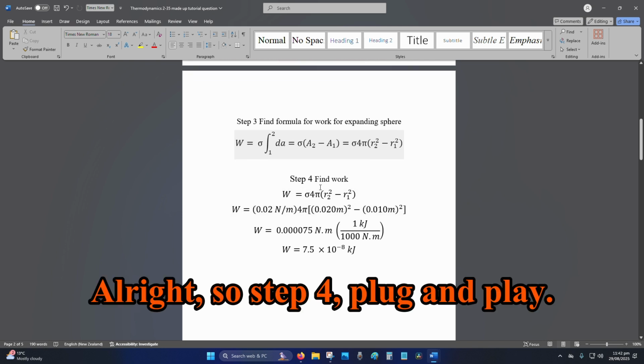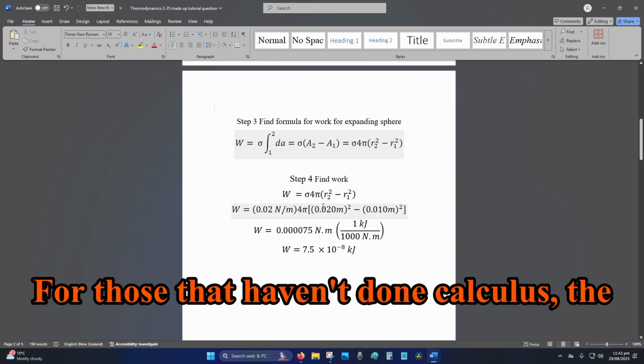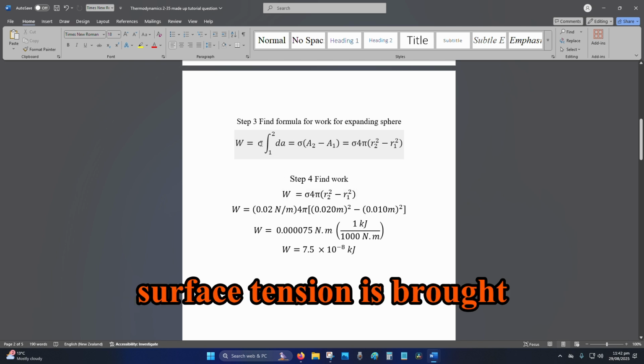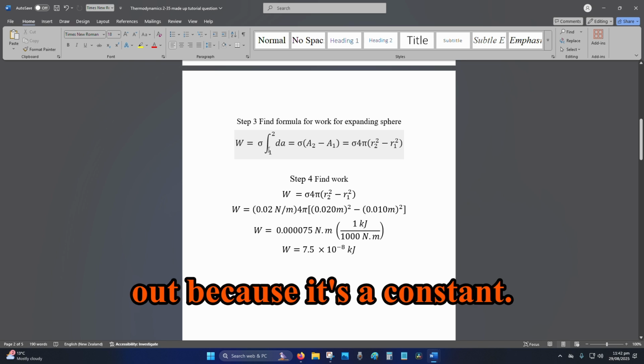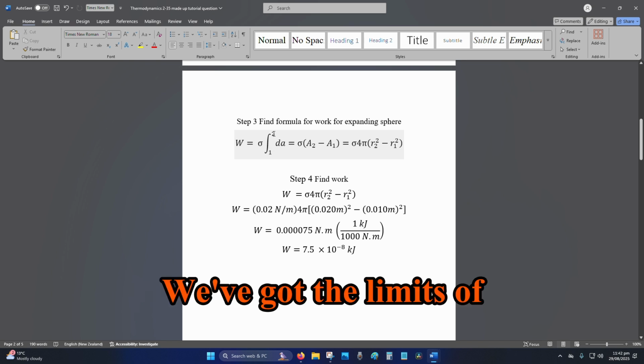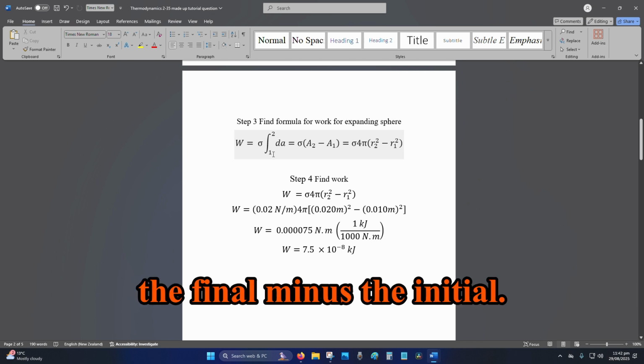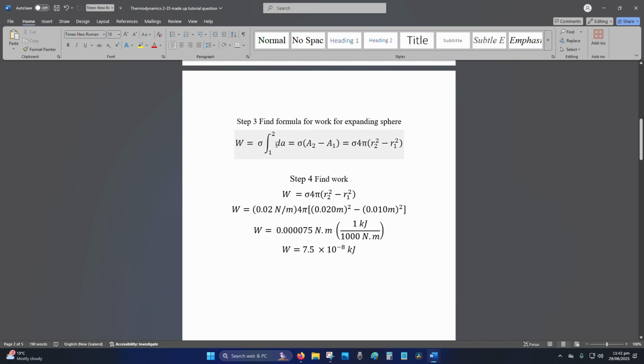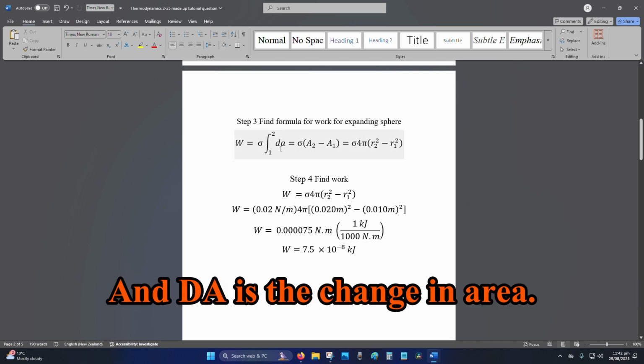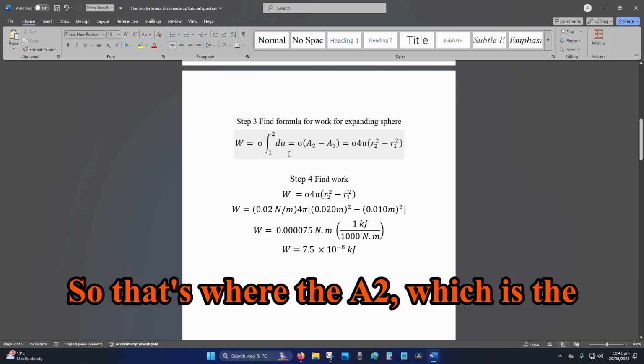Alright, so step 4, plug and play. For those that haven't done calculus, the surface tension is brought out because it's a constant. We've got the limits of the final minus the initial, and dA is the change in area.